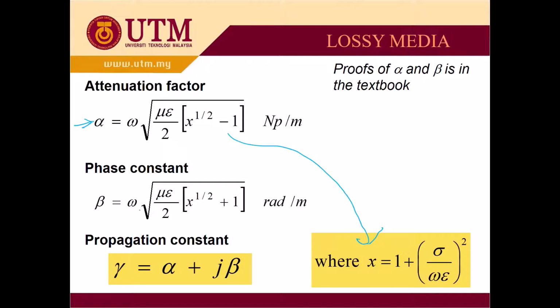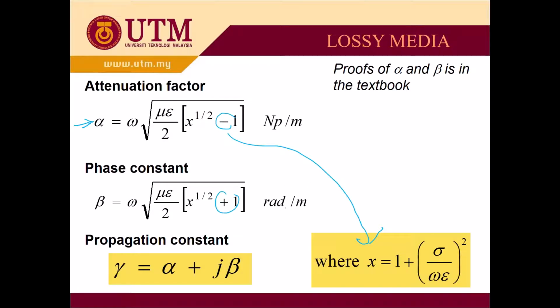The phase constant beta equals omega square root of mu epsilon divided by 2, in brackets x to the power of 1 over 2 plus 1. So the difference here is minus 1, here is plus 1. The unit is also different. This is Neper per meter, this one is radian per meter.